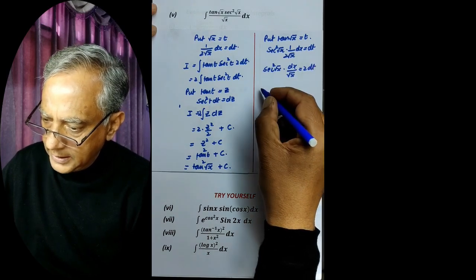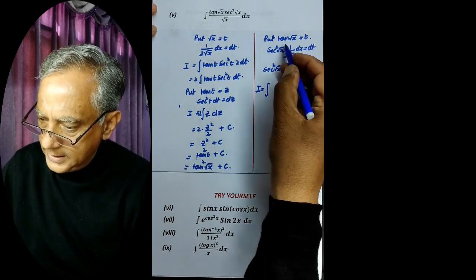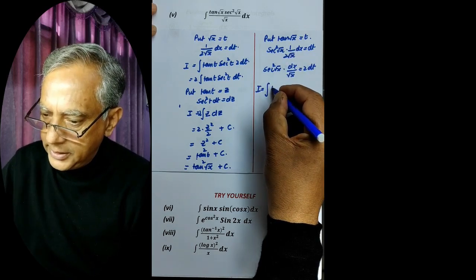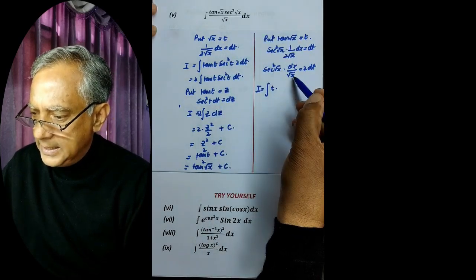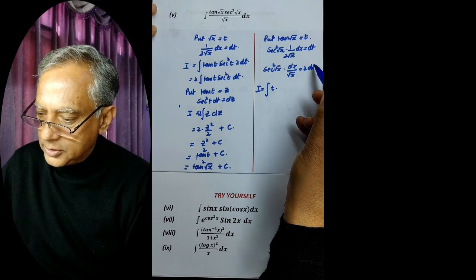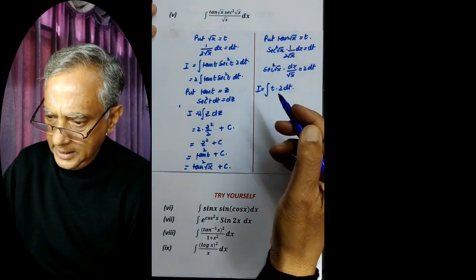Therefore I can be written as integral tan root x. Tan root x is t, and secant square root x over root x dx is 2 dt. So this is 2 dt.